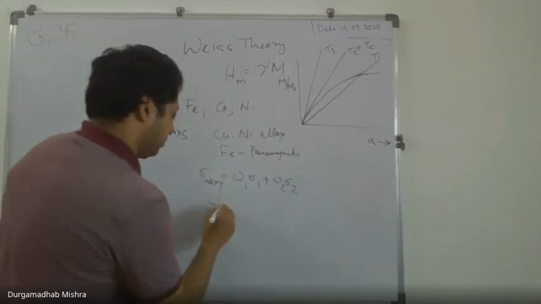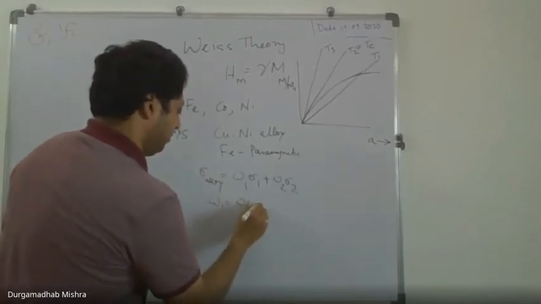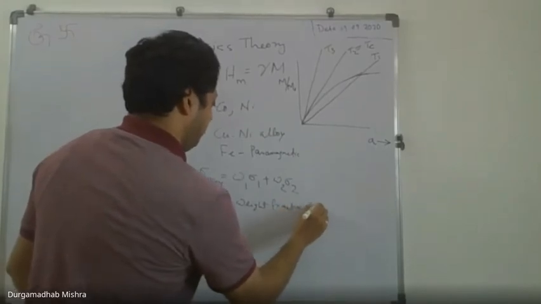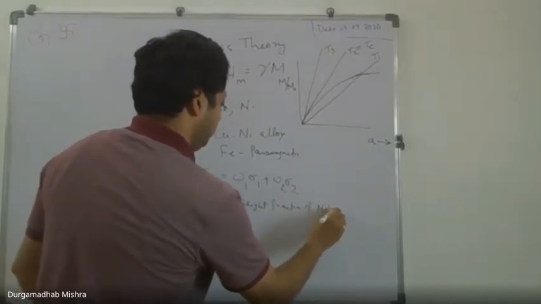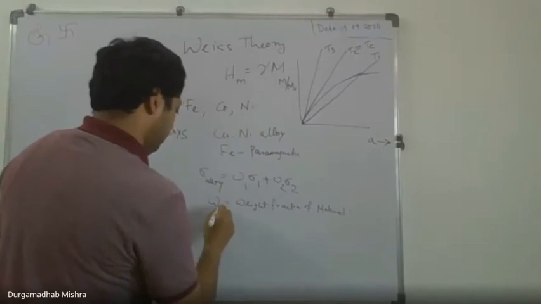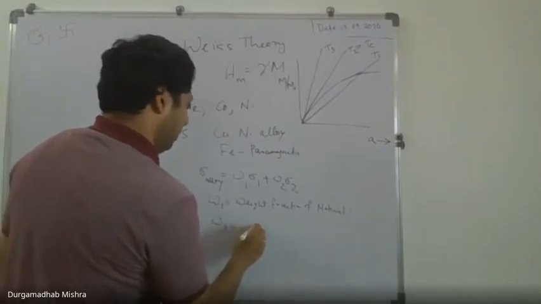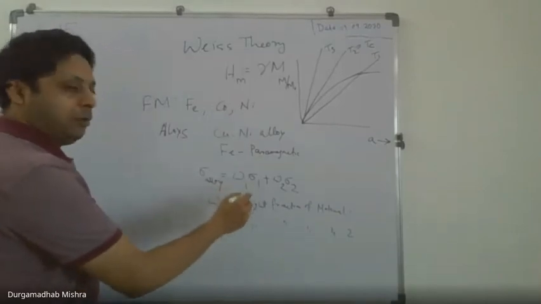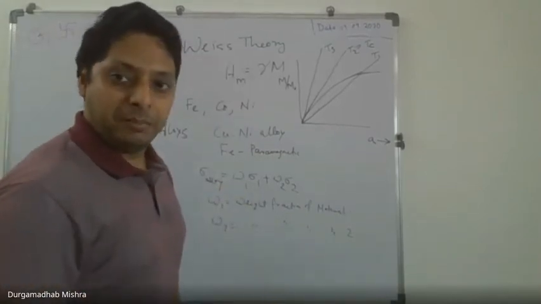So W1 is the weight fraction of material 1, W2 is the weight fraction of material 2, and sigma 1 and sigma 2 are the corresponding specific magnetizations.